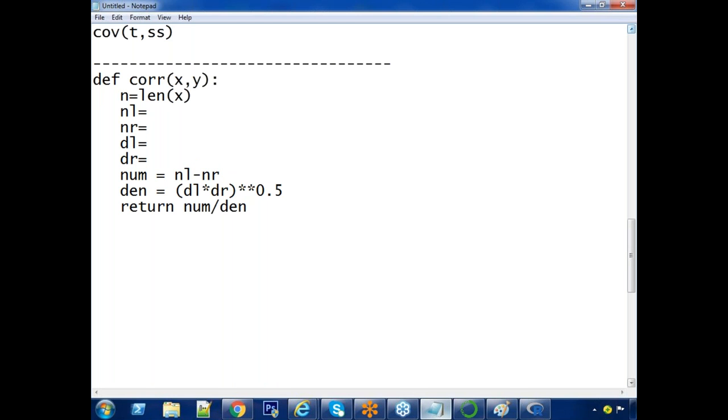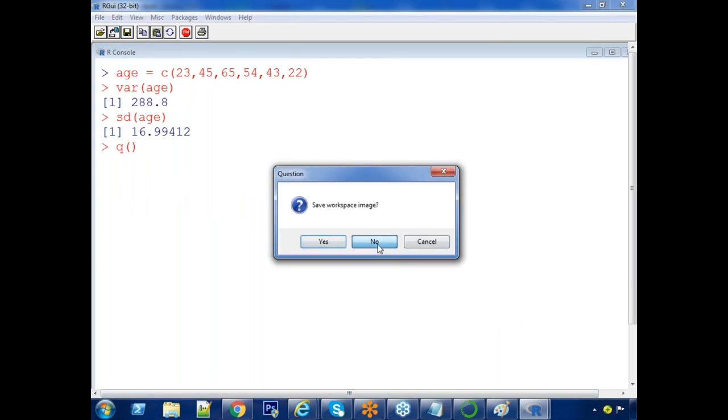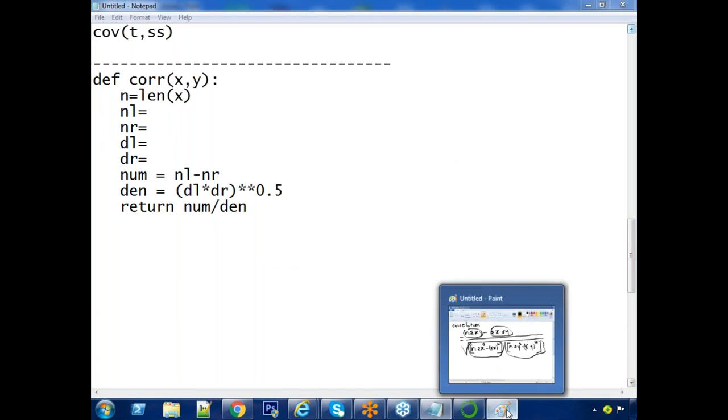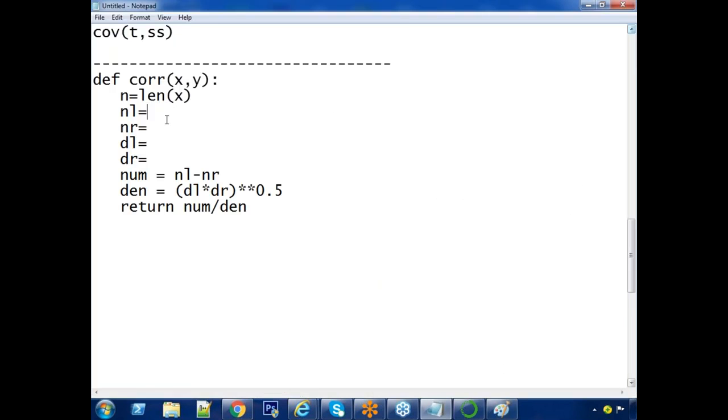Numerator left side is what, sir? First what we need? Element to element multiplication of x and y. For that, expression a into b for a, b in list of zip of x, y.